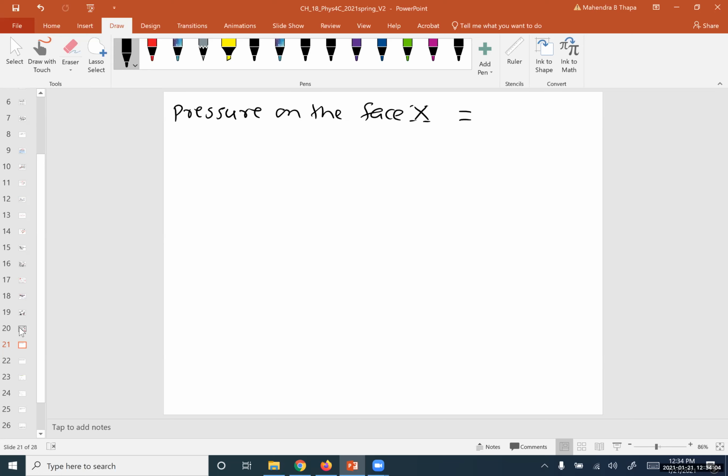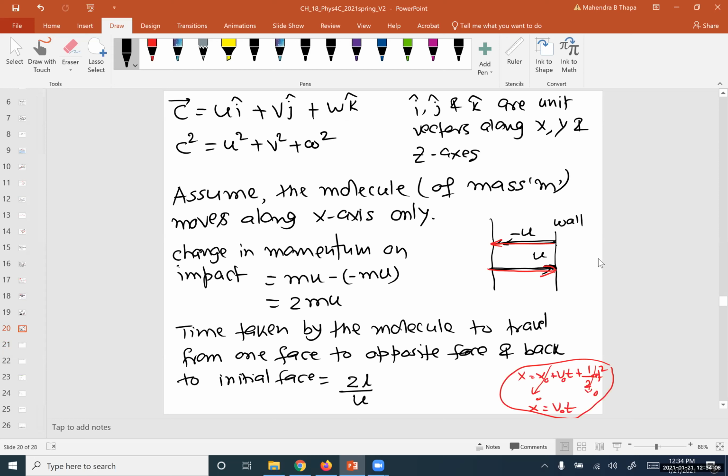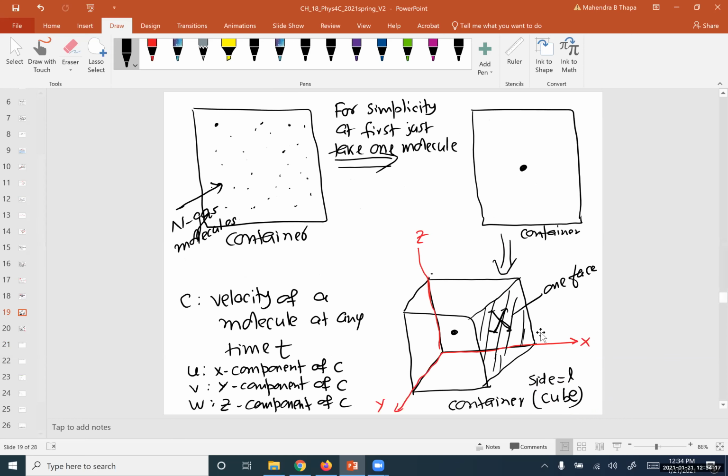So again, I'm going back to the picture. This is the face. The actual picture is this, as you have seen before, starting from one face, hitting the x face and coming back to the original face. Okay.